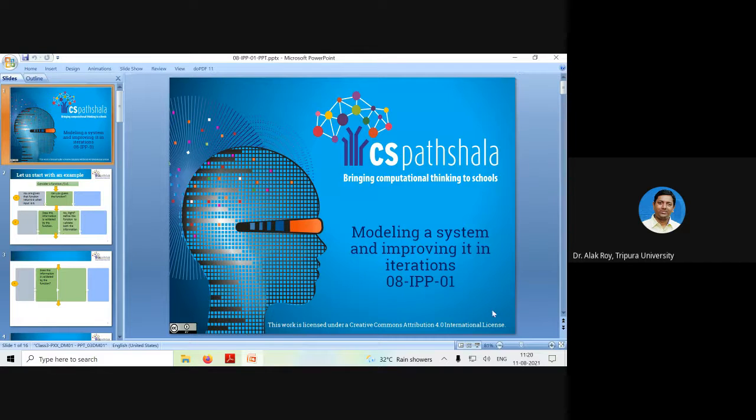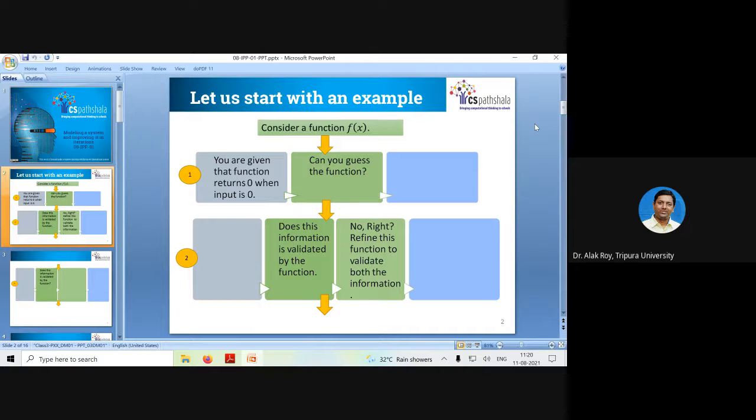So for class 8, the iterative process and pattern are going to deeper concepts. Here for class 8, you need to teach them modeling a system and improving it in iteration. They have two lectures in class 8, starting with the first one. Now they have some mathematical concepts for considering some functions.